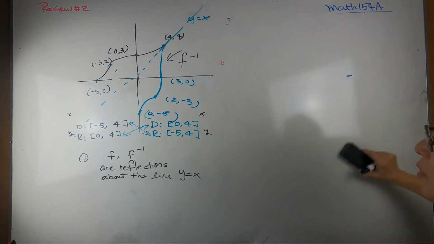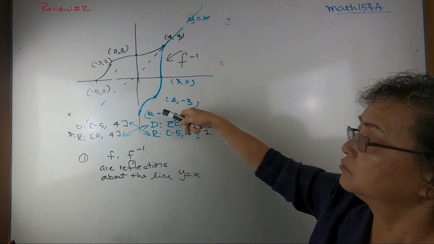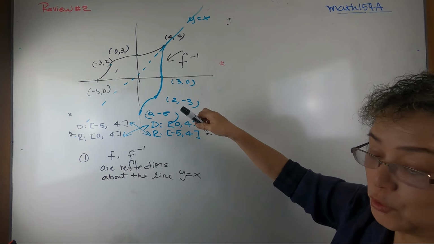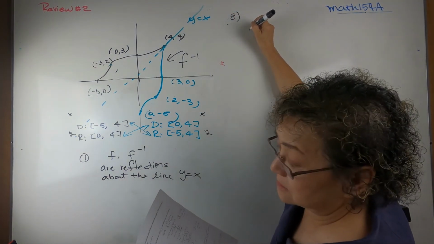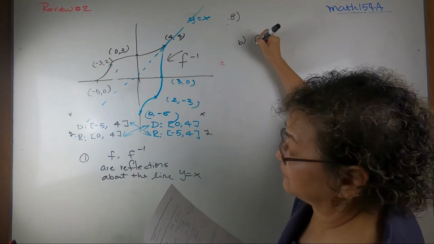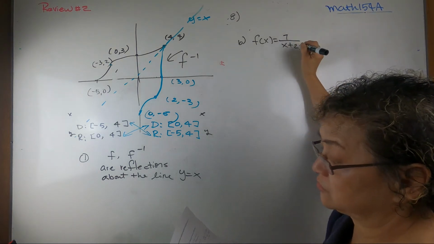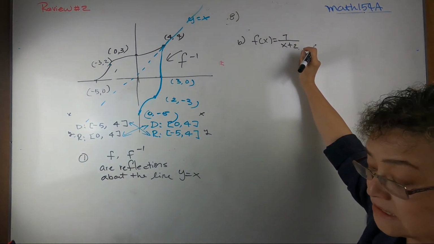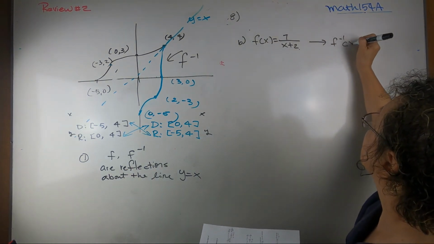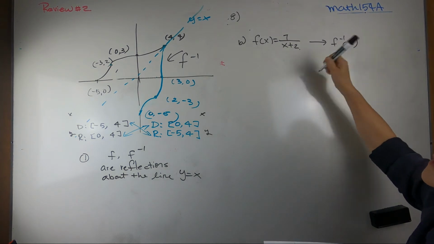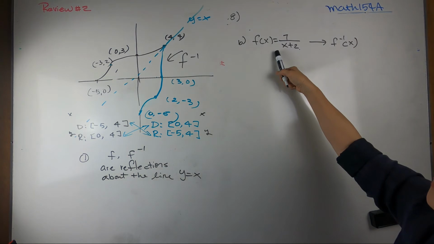Okay, so for inverse functions, we might have a graph that you have to show, right? What happens if we have this one? We have f of x, we write this 7 over x plus 2, then we ask you to find the inverse function for an equation, right?